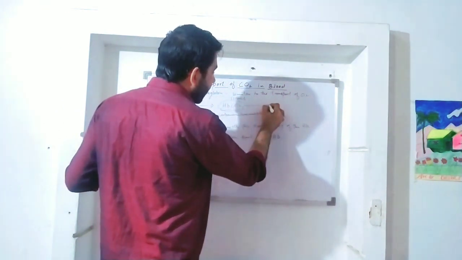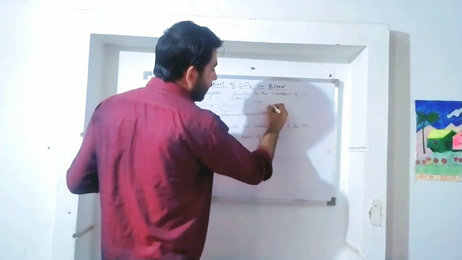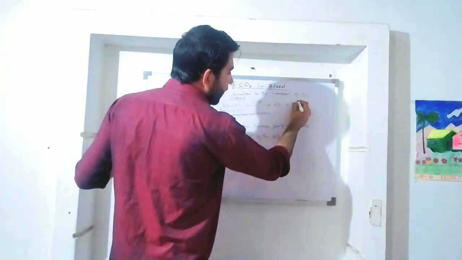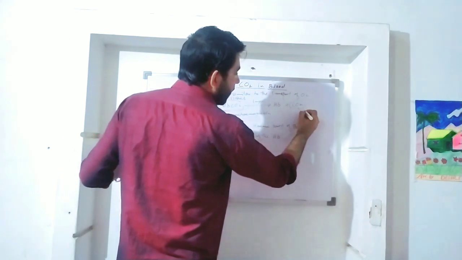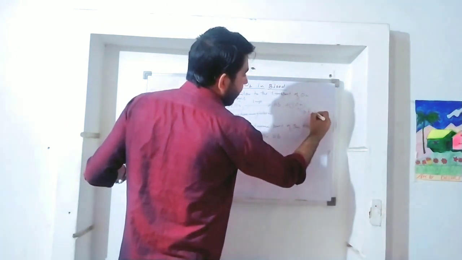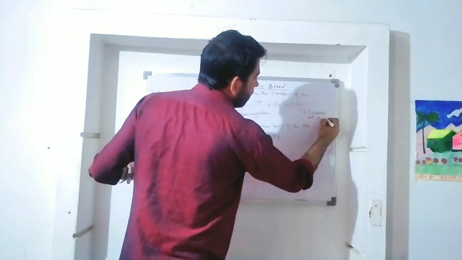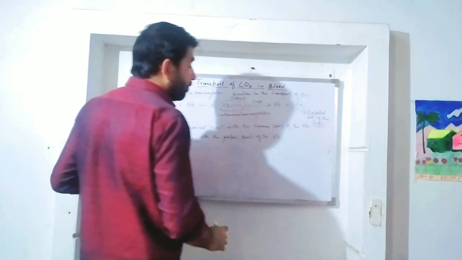and later when the blood reaches the lungs, the process is reversed, that is hemoglobin is formed again and carbon dioxide is released from the hemoglobin, and this carbon dioxide is then expelled out of the lungs. Okay.